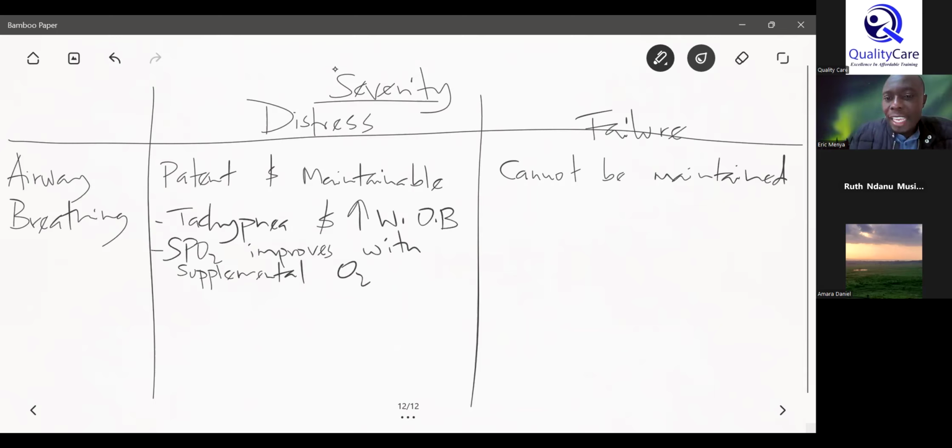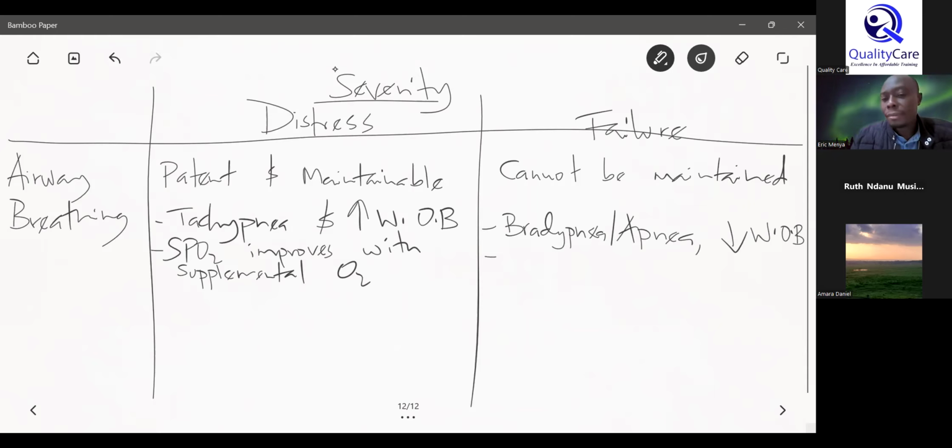But in failure, we end up with bradypnea or apnea, and decreased work of breathing. The patient is exhausted.